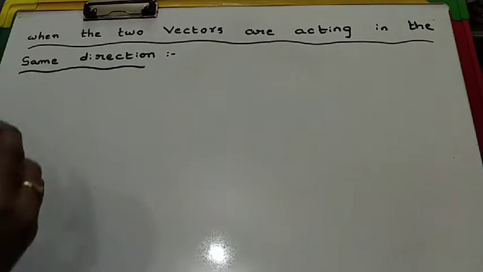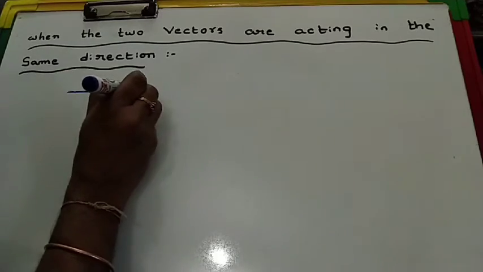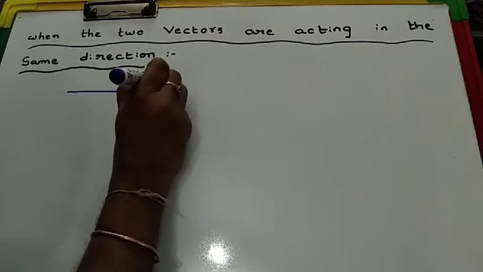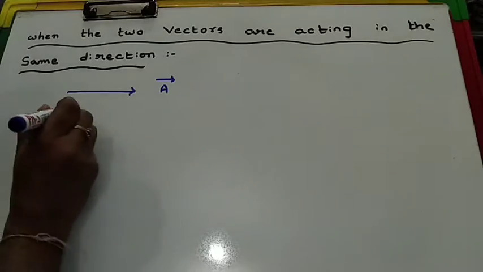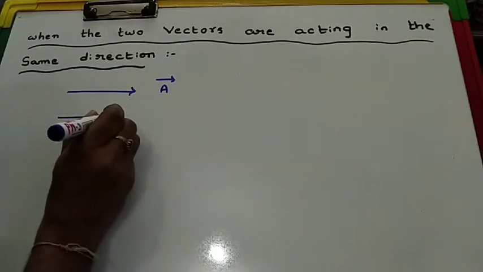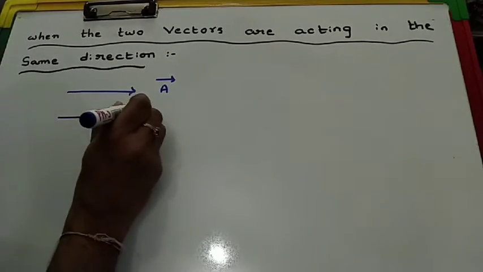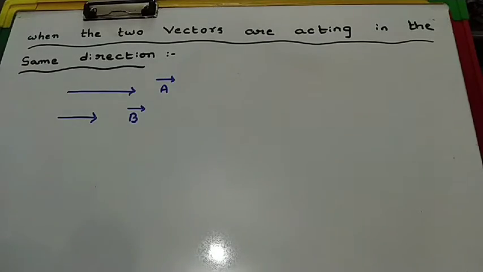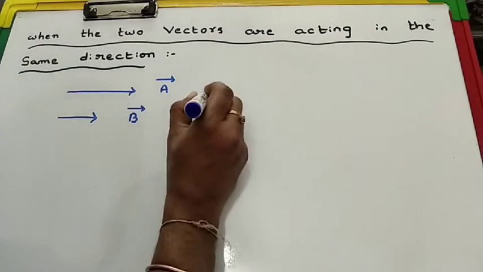This is the concept. Now take a vector. This is vector A. Now take another vector. This is B. Both are acting in the same direction. Then what will be the resultant?